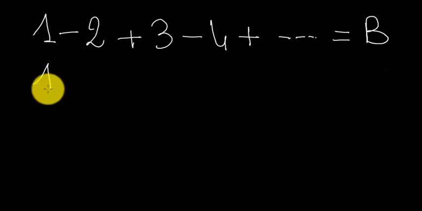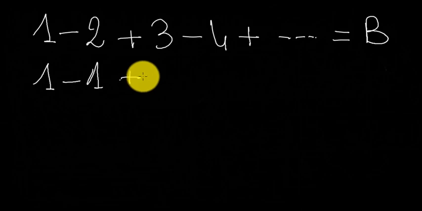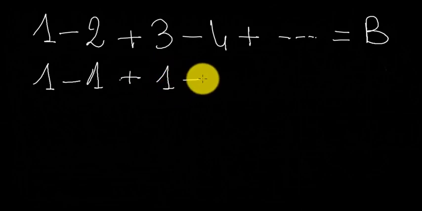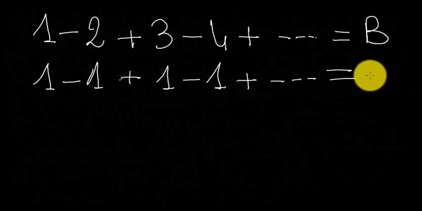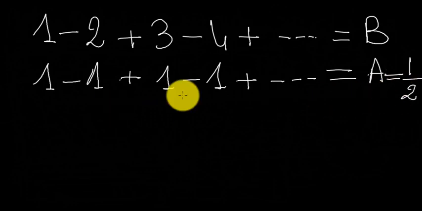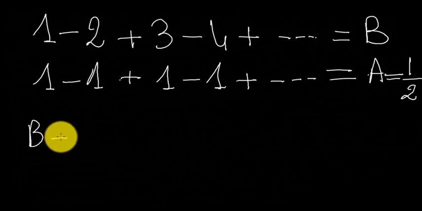So what we're going to do now is bring back our last sum, which we calculated earlier: 1 minus 1 plus 1 minus 1. This one is equal to a, which, as we did before, is equal to 1/2. So we are just going to sum b and a.